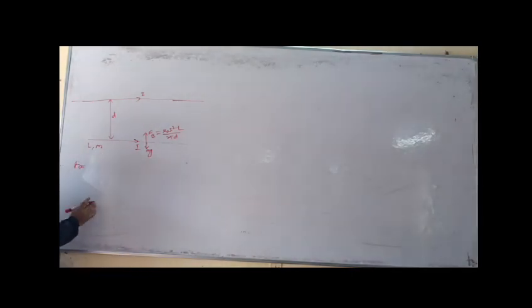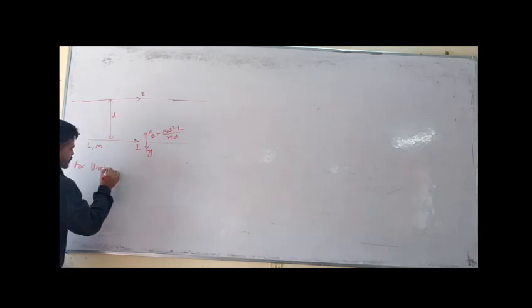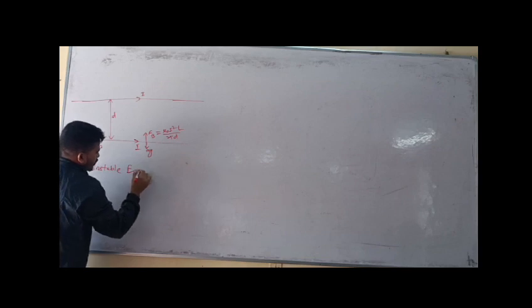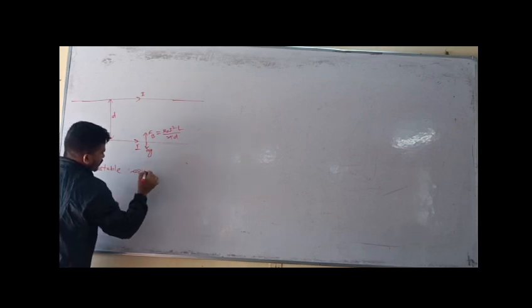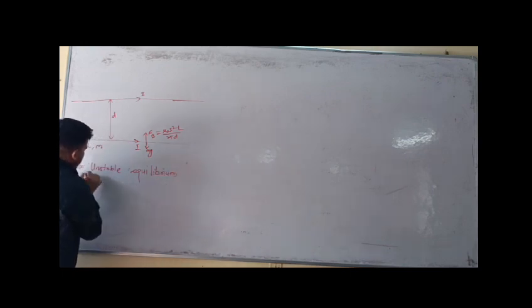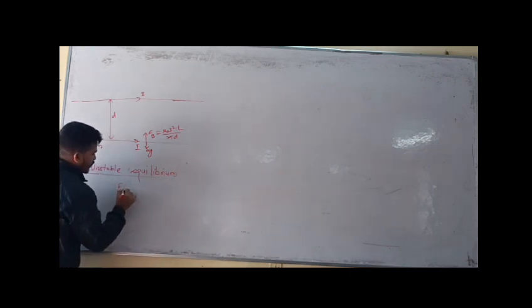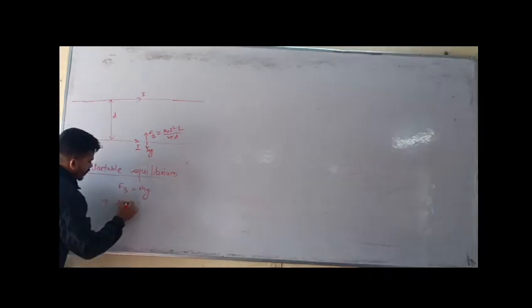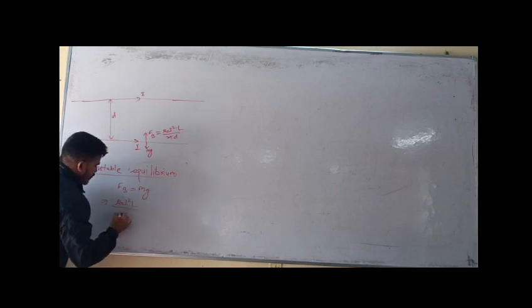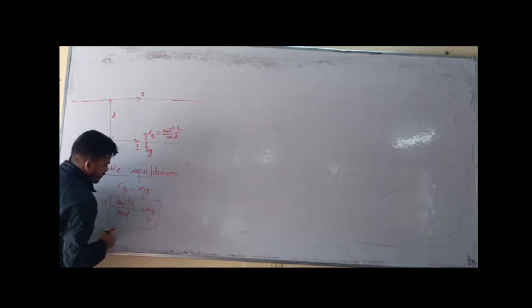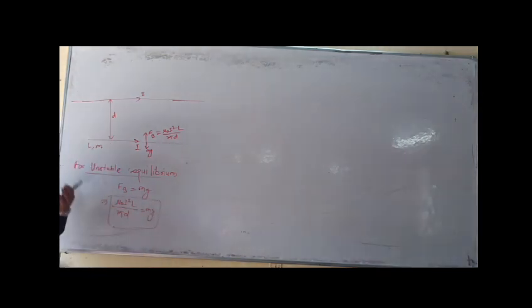Is it unstable equilibrium? Unstable equilibrium. Equilibrium means F_B will be equal to mg, and this mu naught I squared L upon 2 pi d is equal to mg. Means the weight of the wire should be equal to the magnitude of the attractive force.